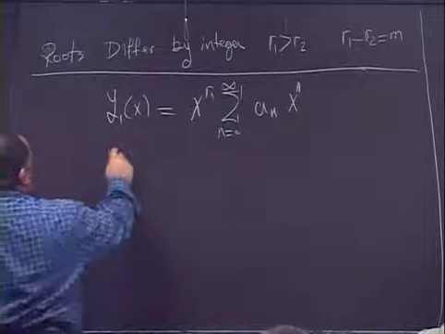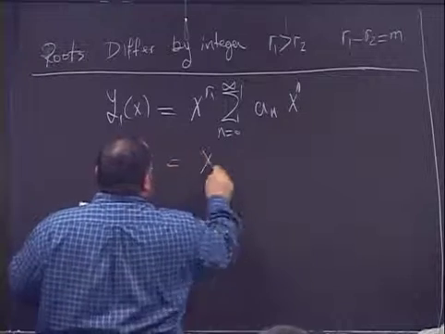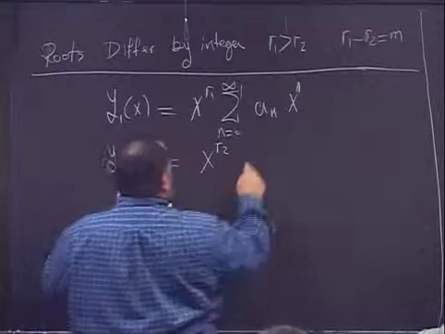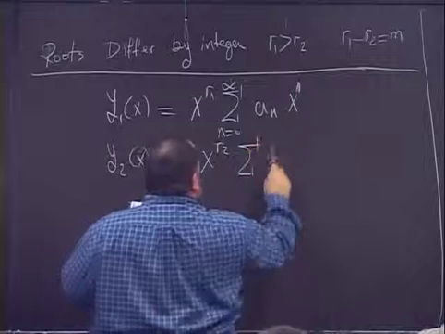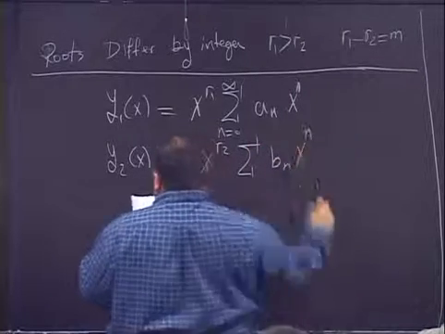And y2 of x will be x to the power of R2, summation from n equals 0 to infinity of bn x to the n.